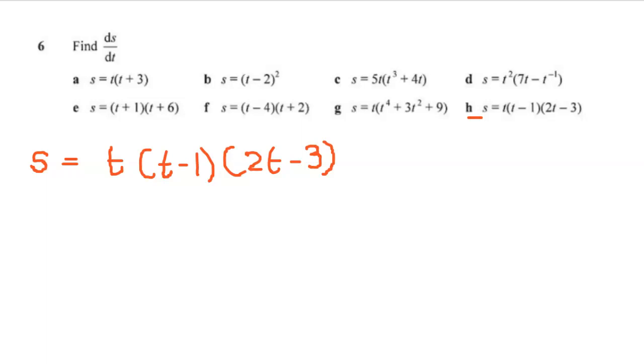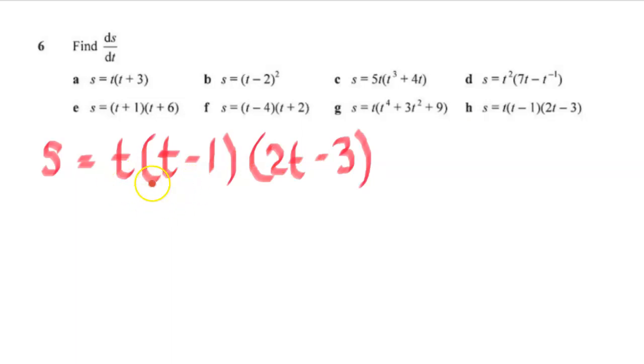To multiply this thing in, the first thing I will do is multiply the first two terms together, because they are much easier. So I get s equals, because I'm still not differentiating yet, s equals t times t.